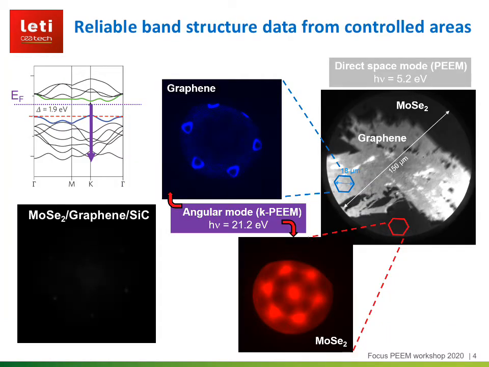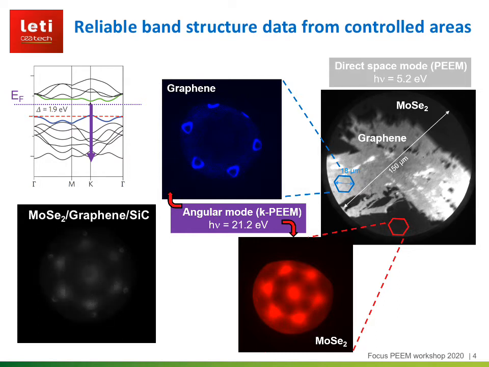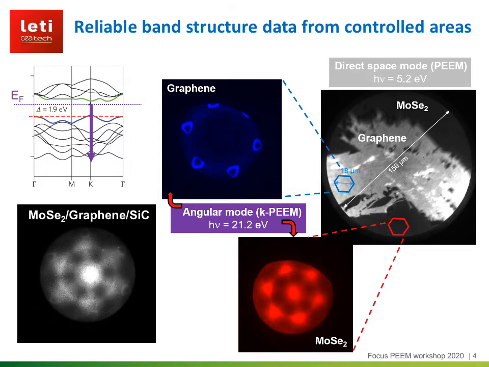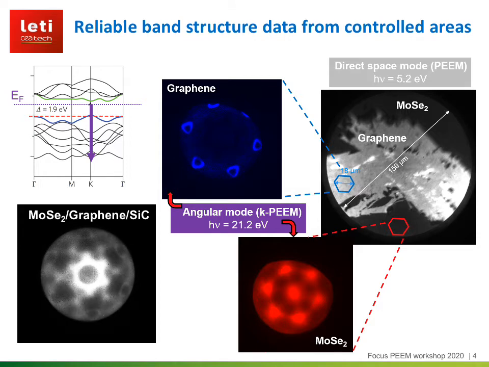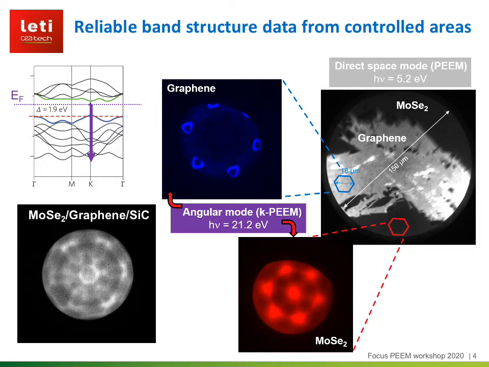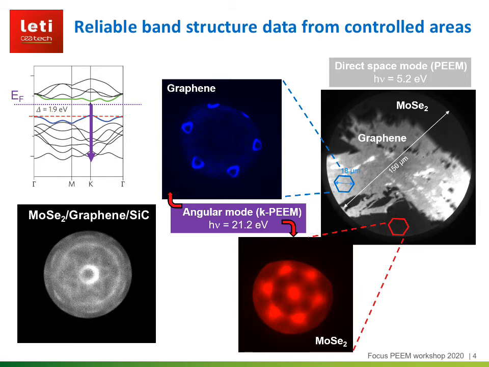So the first example of band structure study using this instrument deals with molybdenum diselenide graphene heterostructures, where you have one PEEM image represented on the right. You have the molybdenum diselenide, which has been partially deposited onto graphene itself, being layered onto silicon carbide.